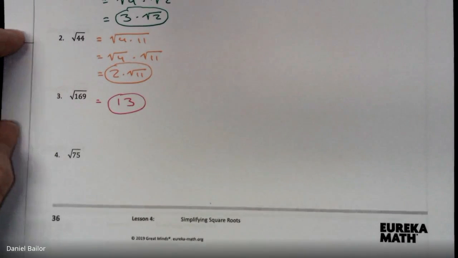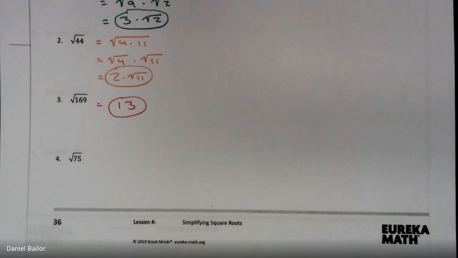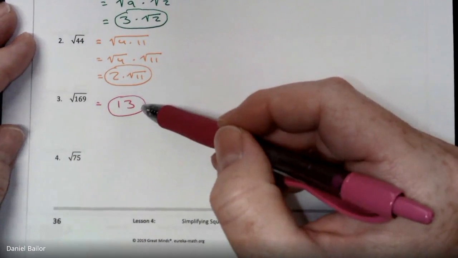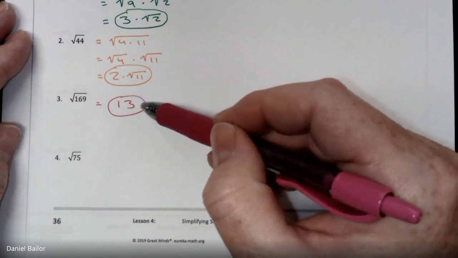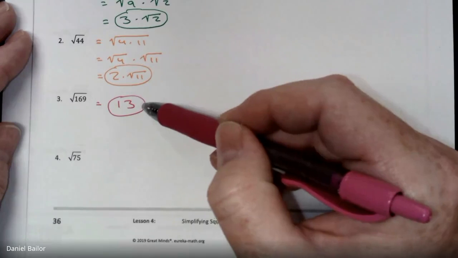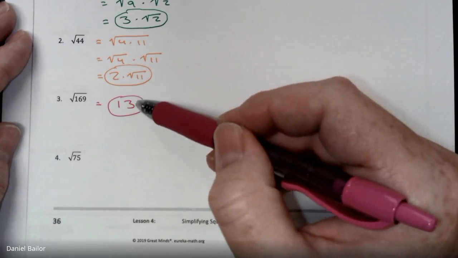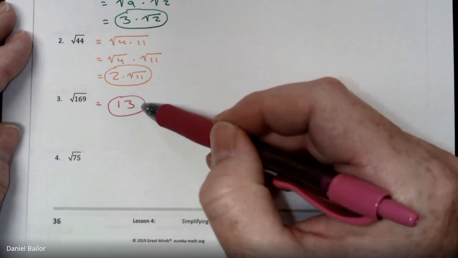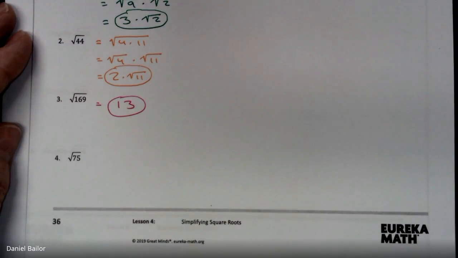I did tell you that most of the problems you'll see cannot be simplified. I did not say all of them could not be. So this one's a tricky one. Maybe you spent some time trying to break this into pieces, but if you break it into pieces, you still get 13 exactly. But that's simplified as much as possible.